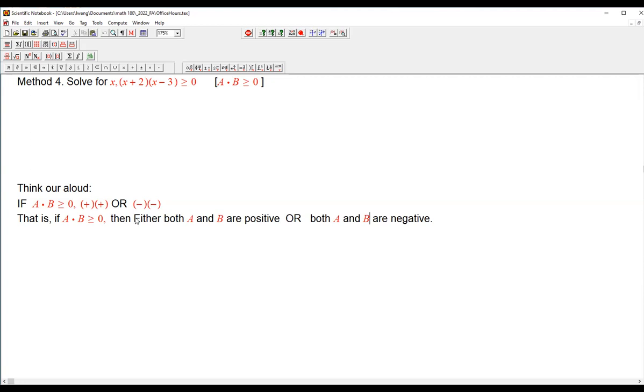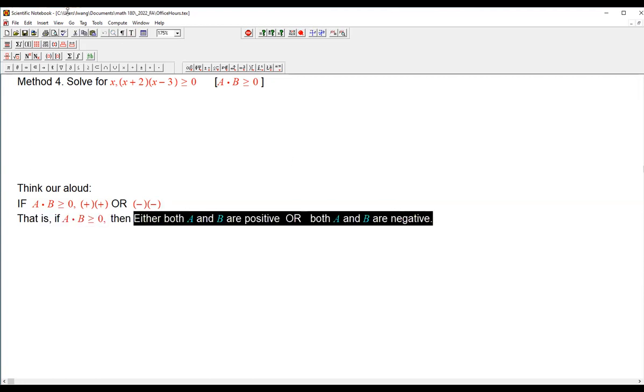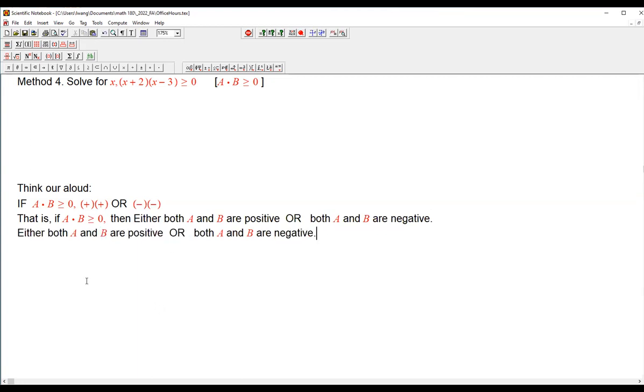So according to this statement, we are going to write it algebraically. Both A and B are positive. How do we write this? Either both A and B are positive. How do we describe that? This is how we write that.